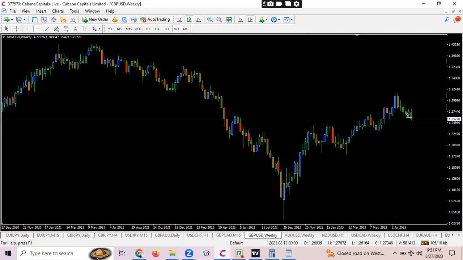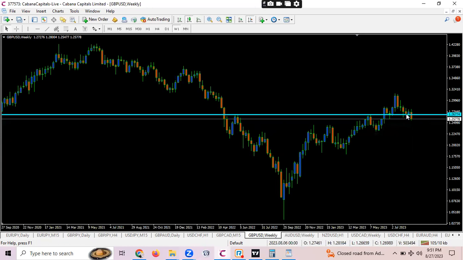And besides considering the weekly candle, which is strongly bearish, you would also see that the market broke out from a strong support level.